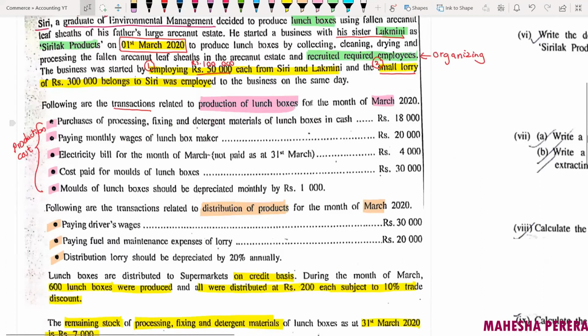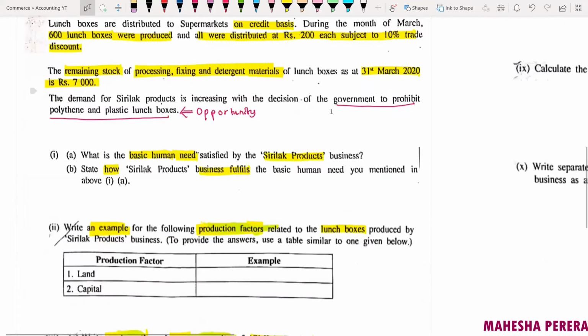Right, now let's start writing answers for the business studies questions. The first question is write the basic human need. Now for here, you know the product is lunchbox, right? It's a lunchbox. So the closest need should be food, right?